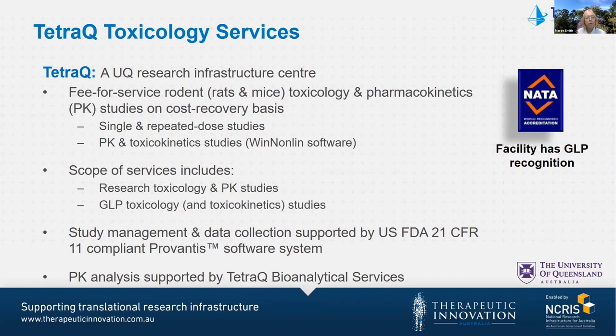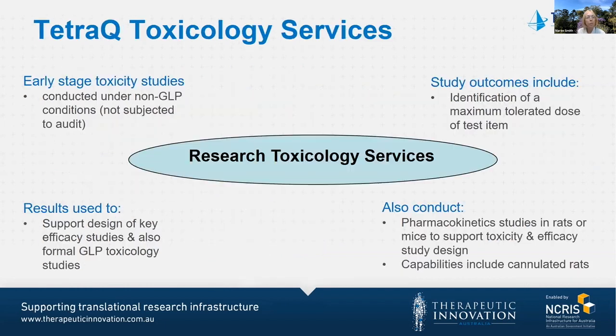The scope of services includes research or exploratory toxicology and pharmacokinetic studies, as well as GLP toxicology and toxicokinetic studies. The studies are managed and data collected and supported by the US FDA 21 CFR 11 compliant Preventative software system, and pharmacokinetic analysis is supported by Therapeutic bioanalytical services.